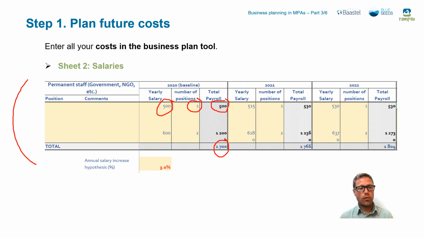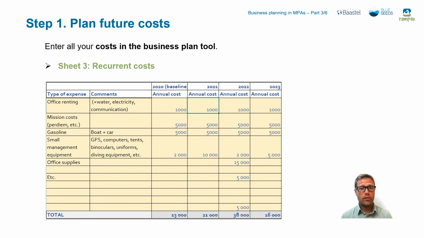You repeat this for as many years as you can, typically over the next 10 years, or for as long as the management plan runs. A hypothetical factor of salary increase over time is included, which can be changed. After you've entered the costs for salaries, you need to enter in sheet 3, shown here, all your recurrent costs planned for the coming years.